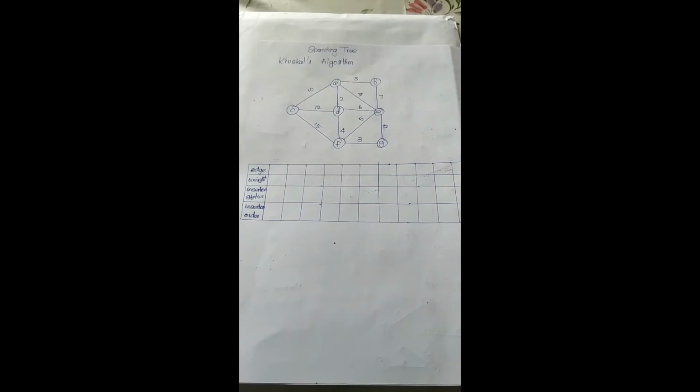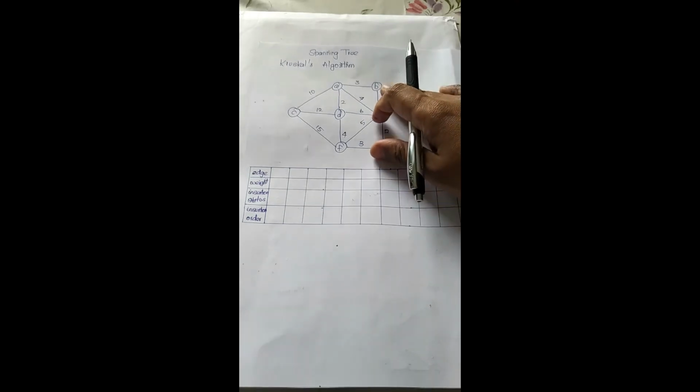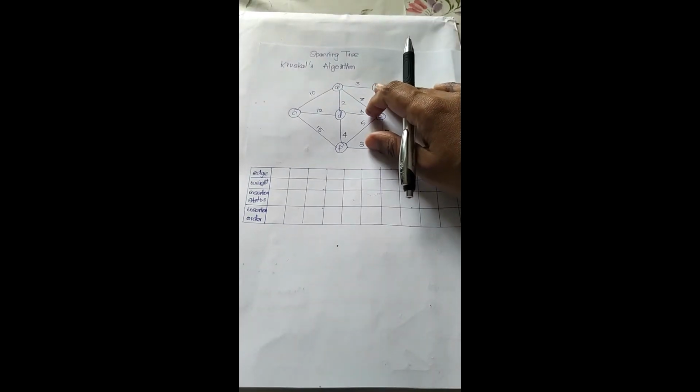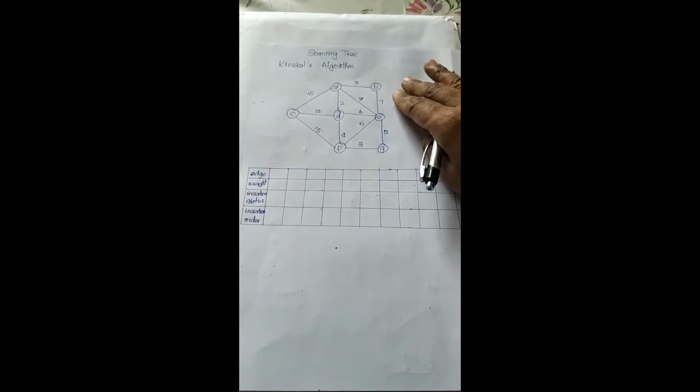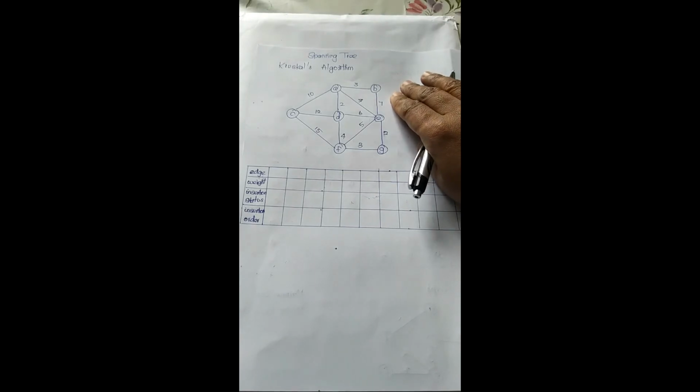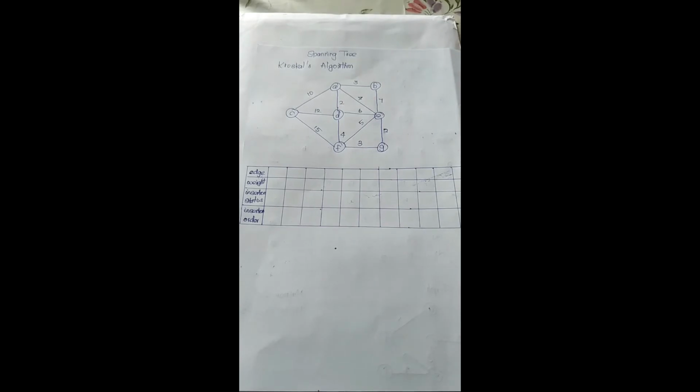Okay, let's see one example. A graph is given here. This is a weighted graph, but undirected, so you will see the edges where there are no directions. Let's see how we are going to find the minimum cost spanning tree for this graph.